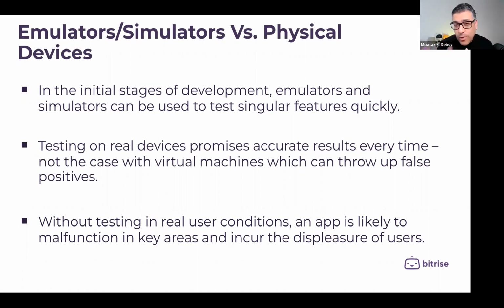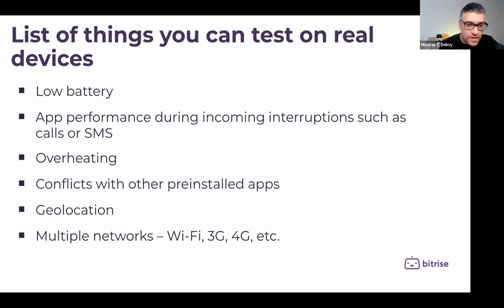It's always based on the setup, the decision of the team, and the budget as well, because if you are working with a cloud vendor like Firebase Test Lab, BrowserStack or Sauce Labs, the prices are different for a virtual device, an emulator or simulator, and a physical device. And without testing in real user conditions, emulators or simulators will not give you accurate results about the functionality inside your application.